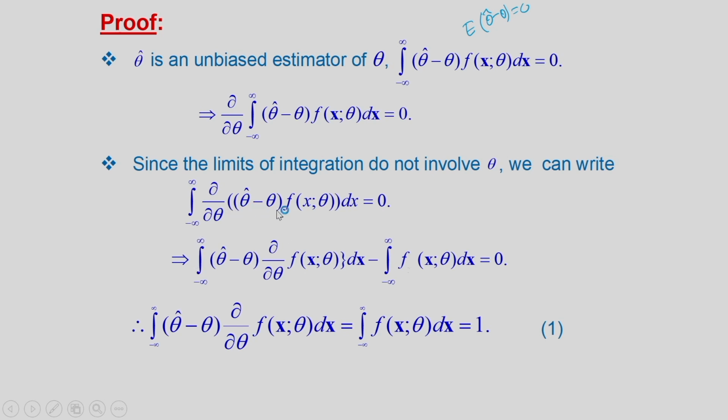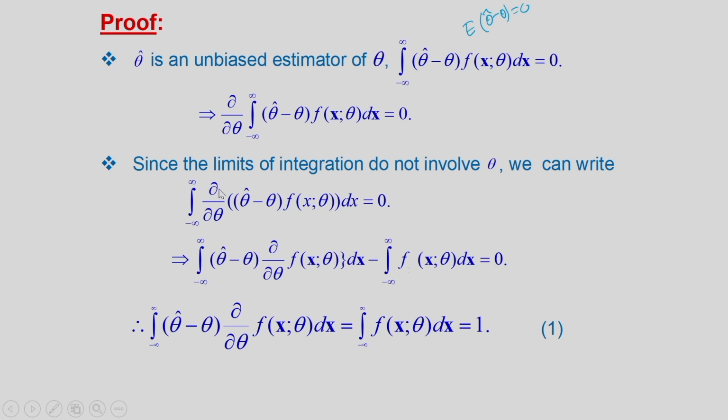Now, since this is a product of two functions, we can apply the product rule and we will get the integration from minus infinity to infinity of (theta hat minus theta) times the partial derivative of f of x, theta with respect to theta dx. Now, theta hat minus theta will have a partial derivative of minus 1, so minus the integration from minus infinity to infinity of f of x, theta dx must be equal to 0.